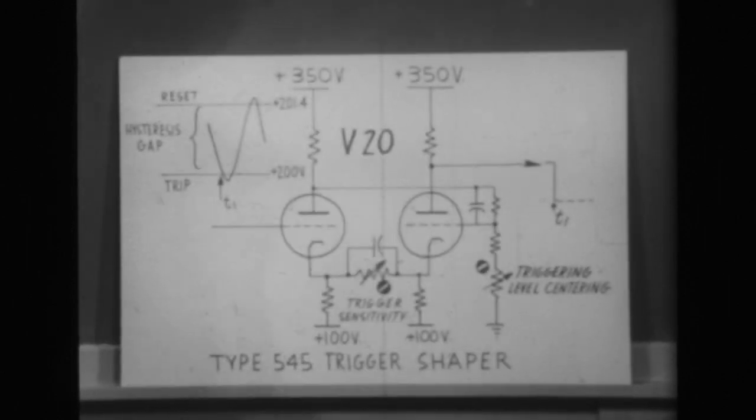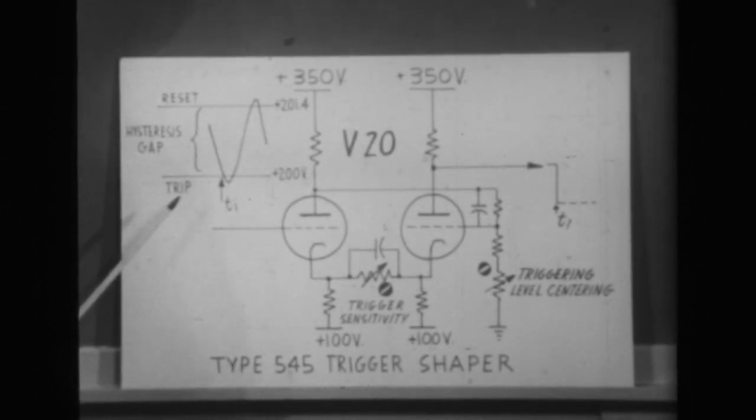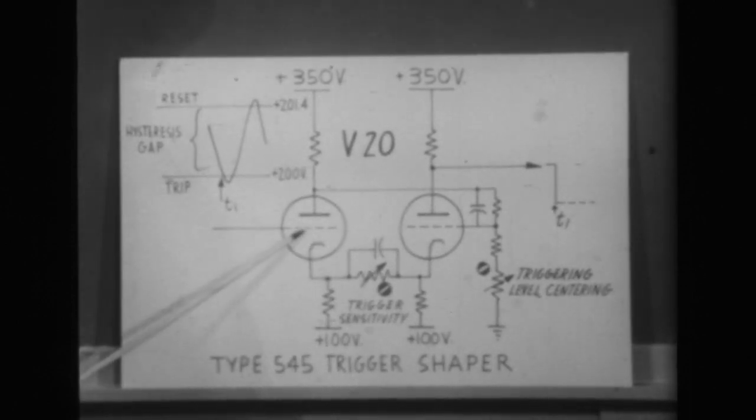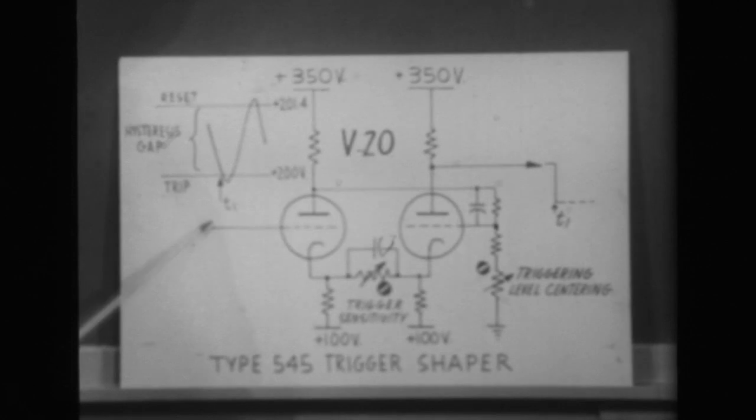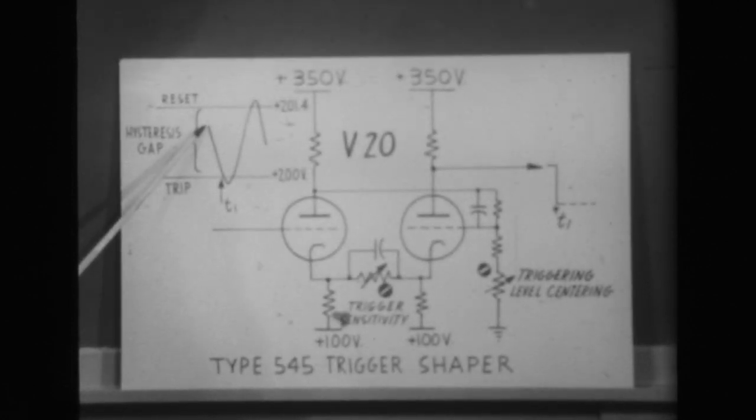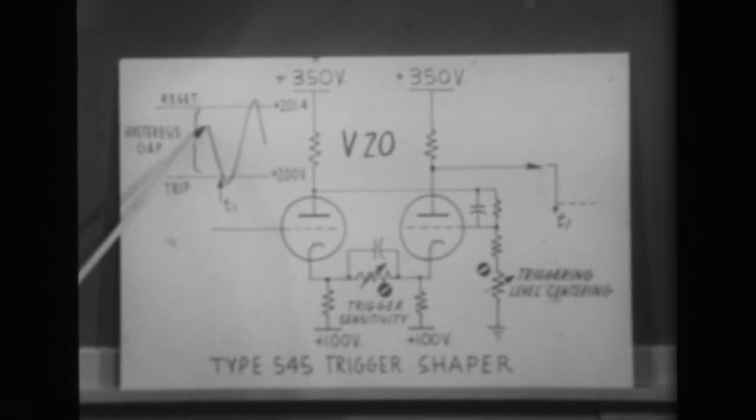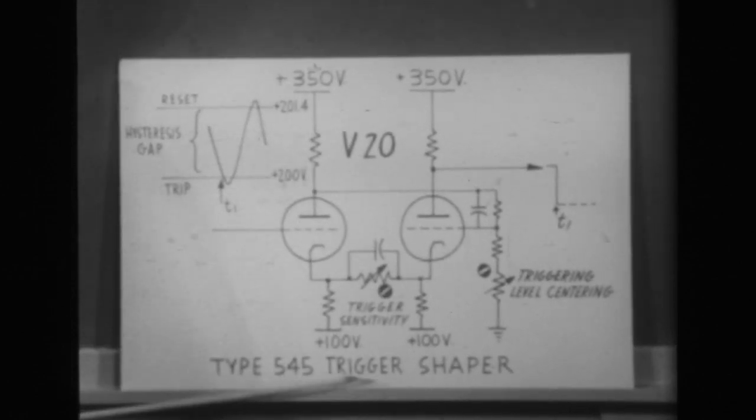Now, for the purposes of our preliminary discussion, let's assume that the left-hand tube is conducting and that the grid is elevated, say right up here on the input waveform. This is just a sine wave that we've drawn to show a possible trigger fed into the trigger shaper circuit.